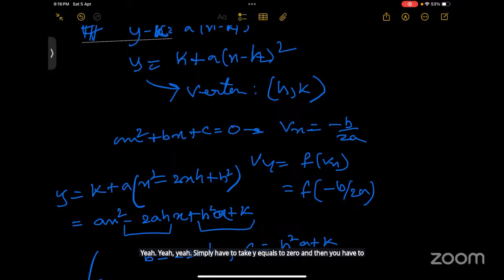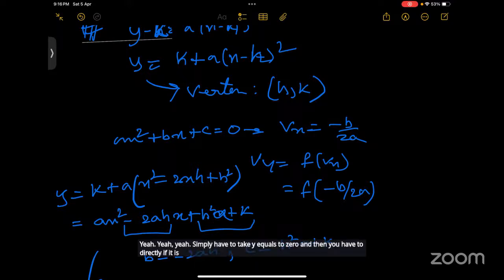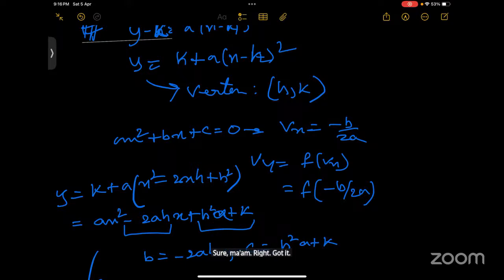Directly, if it is in that form, you can directly compute. Otherwise, if it is in the general form, you can use completing the square, or the Sridhar Acharya rule, minus b plus minus root over d, that thing, right? Okay.